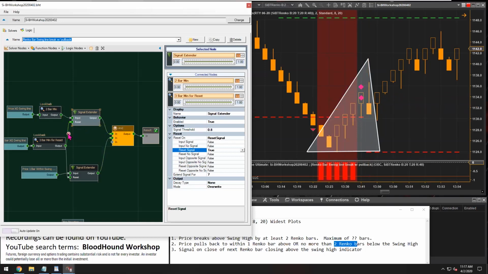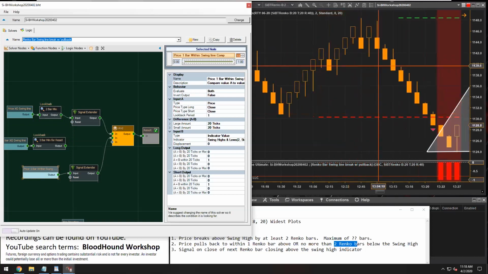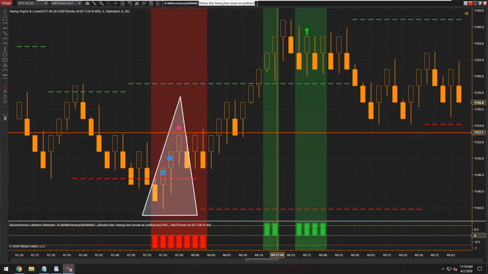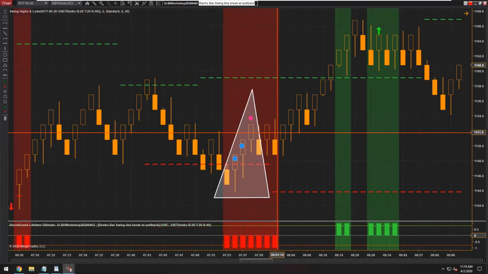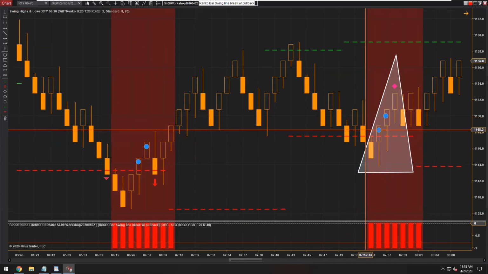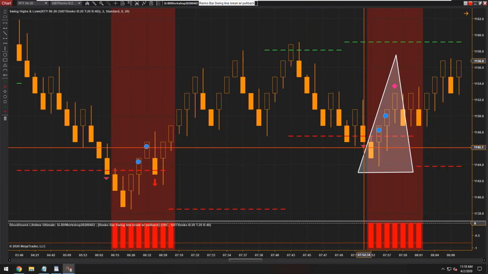All right, so again, if I disconnect this, this actually didn't need a reset. Let's scan back here and find one that does. Yeah, here we go. So here is a setup that does need a reset, right?